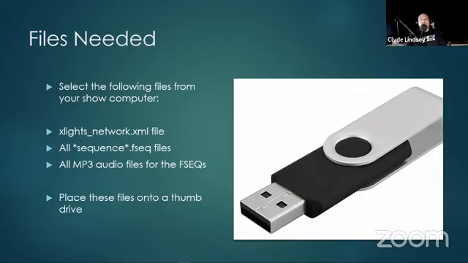And then something I didn't add into here was any video files that maybe you're going to play or other MP3 files that you're going to be playing that will be part of the show, maybe not part of a sequence, but it might be part of an after show or before show. Finally, place all of these files onto a thumb drive and save them there.